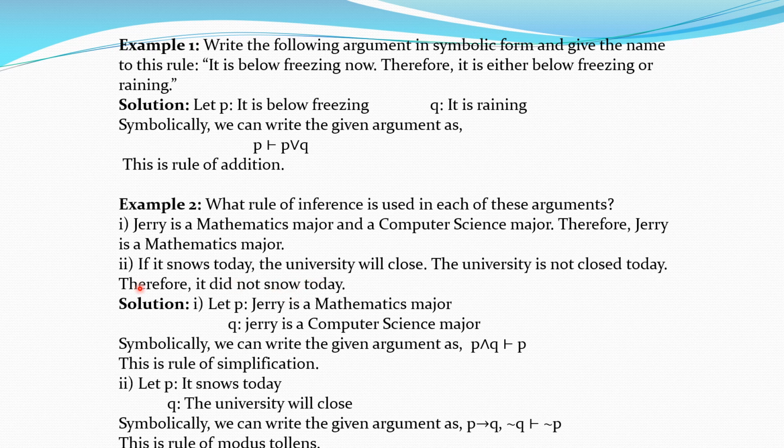In symbolic form, this is P implies Q. Not closed is nothing but negation Q. So P implies Q, negation Q, yields did not snow today, so it is negation P. That is the argument in symbolic form. So here the rule used is rule of modus tollens or law of contrapositive.